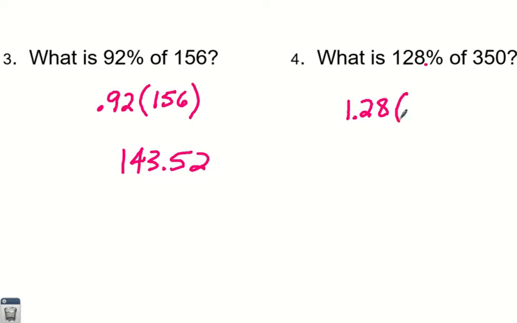And I'm going to multiply it by 350. And, hey, just follow the steps as always. And on my calculator, I get 448. Okay? Yeah, you can do more than 100%.